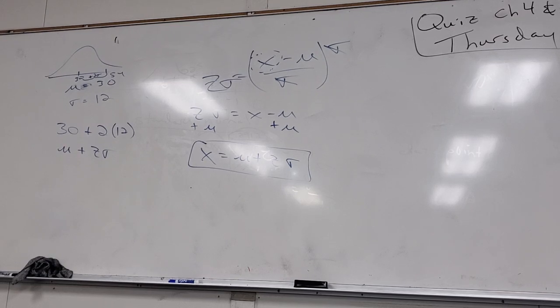Four point three roughly? I don't know. 24.41? Yeah. Or, let's see. I guess you can round it.